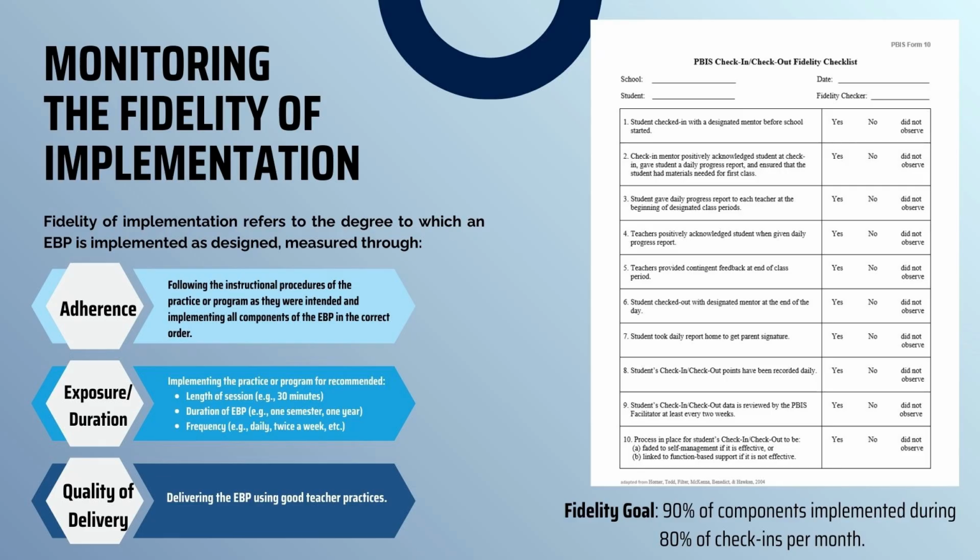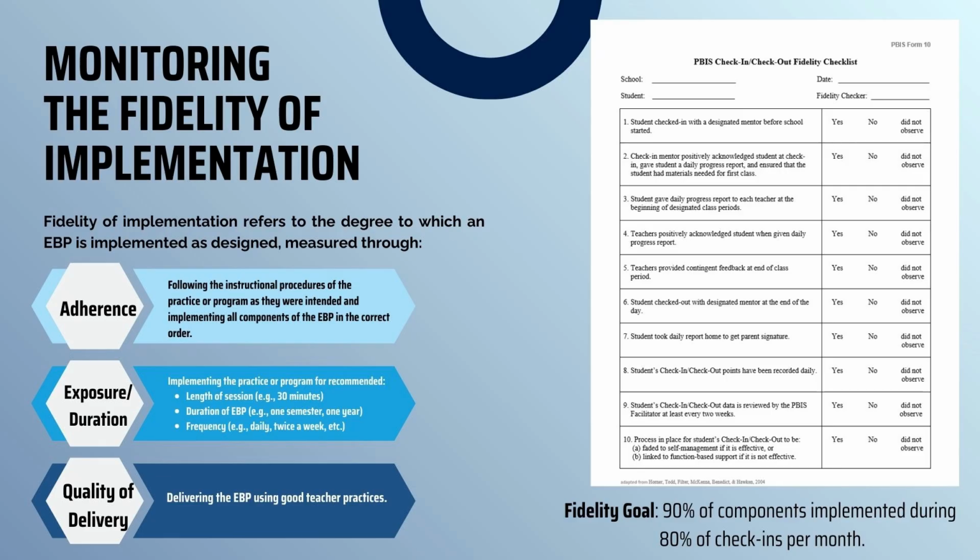Here we're looking for: 1, the student checked in with the designated mentor before school started. Number 2, did the mentor positively acknowledge the student at check-in? Number 3, the student gave their progress report to the teacher at the beginning of the designated class period. Did the teachers positively acknowledge the student? Did the teachers provide contingent feedback at the end of class?